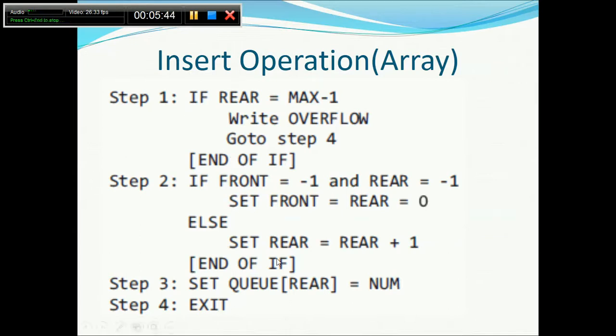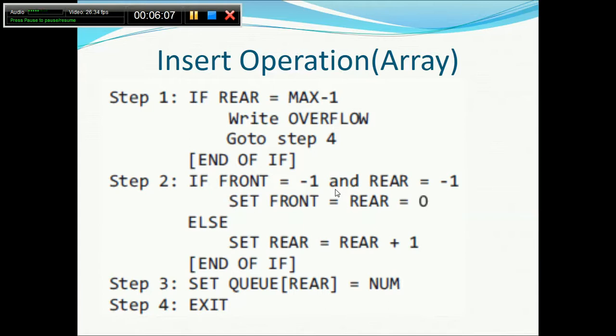Otherwise, if front is equal to minus 1 and rear is equal to minus 1, it means both are minus 1. If both are minus 1, this means we do not have any element in the queue, so both will jump to 0: front is equal to 0 and rear is equal to 0.